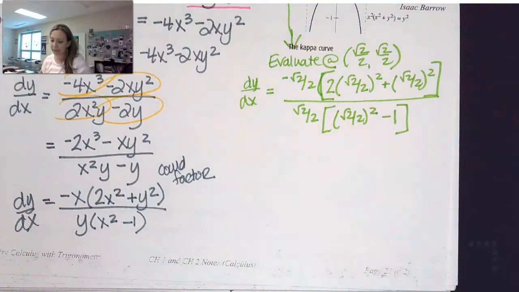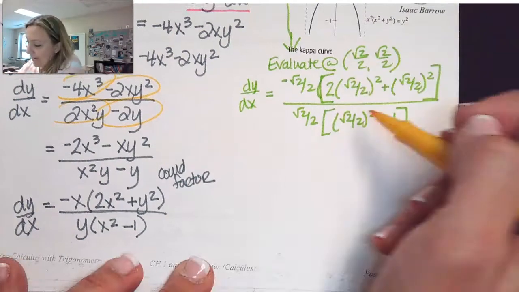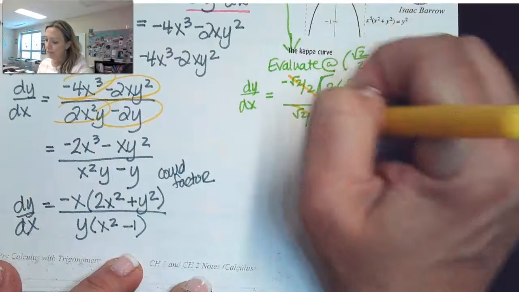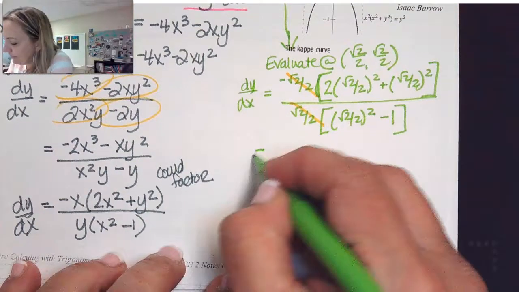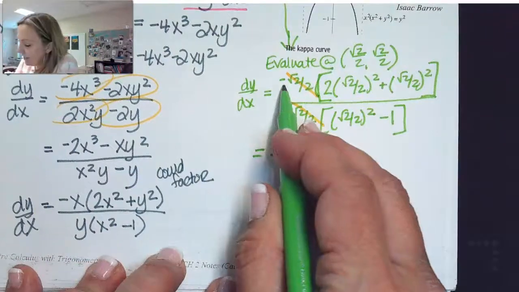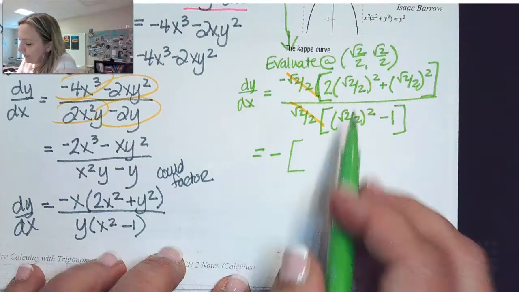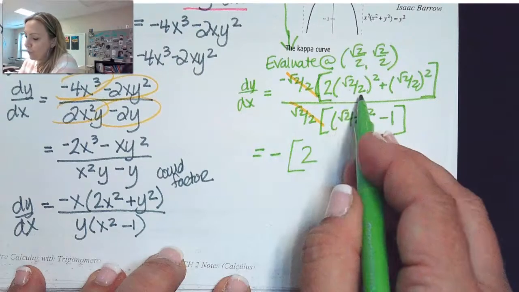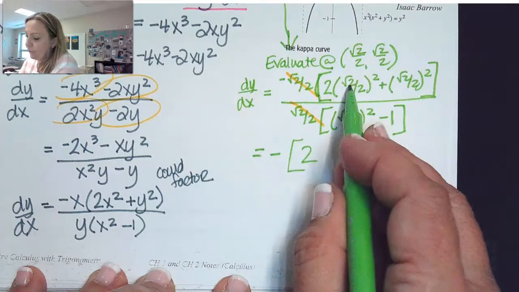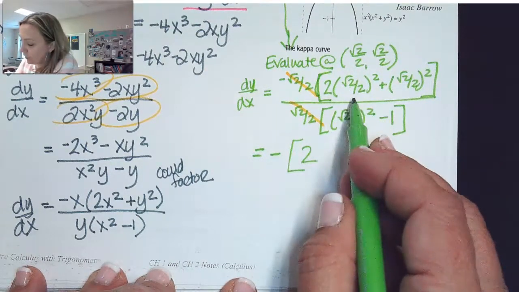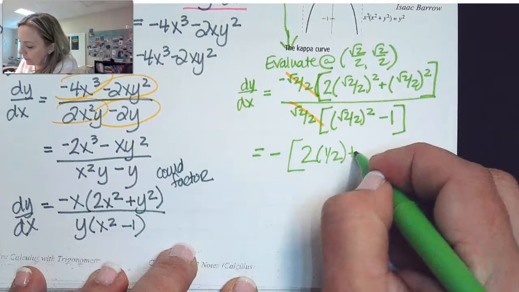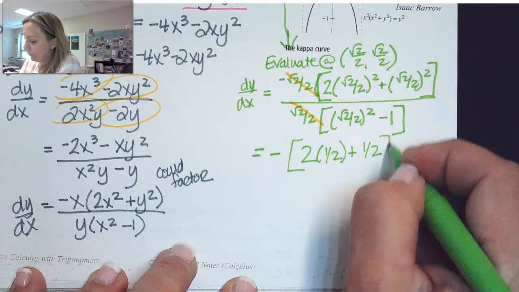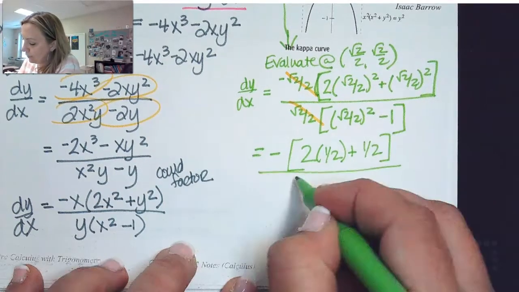All right, so let's think what we could do to simplify things a little bit. The nice thing about when we factored this is that since those match, we could cancel that out. That leaves me with a negative here. Root 2 over 2 squared is going to be 2 over 4, so that's going to be 1/2. Anytime we have root 2 over 2 squared, that's going to be 1/2.